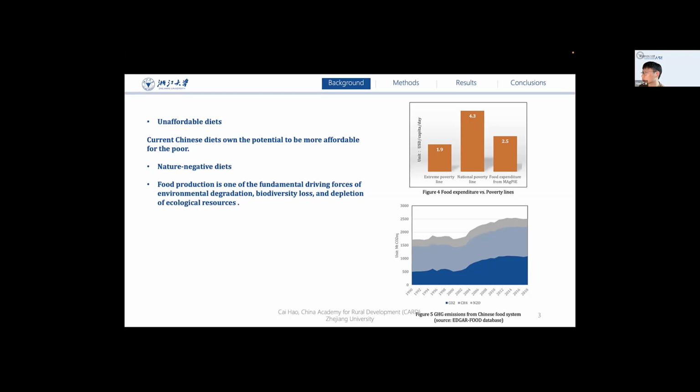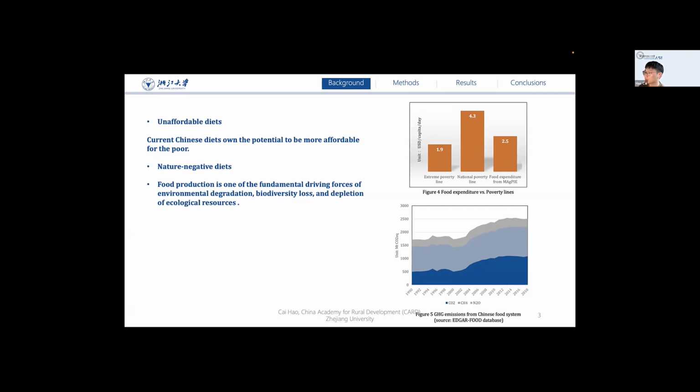So in this research, we think maybe we can propose an intermediate pathway, which will not change the Chinese diet structure, like having a huge reduction in meat consumption, ruminant consumption and rice consumption in China. This kind of intermediate pathway may be more welcomed by Chinese people.